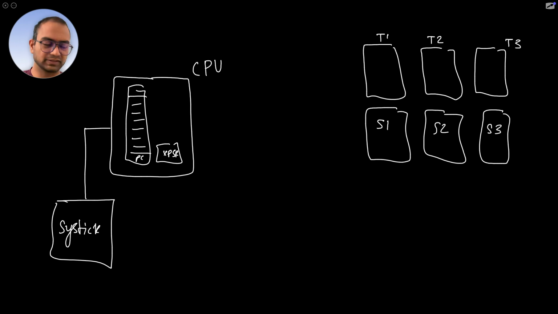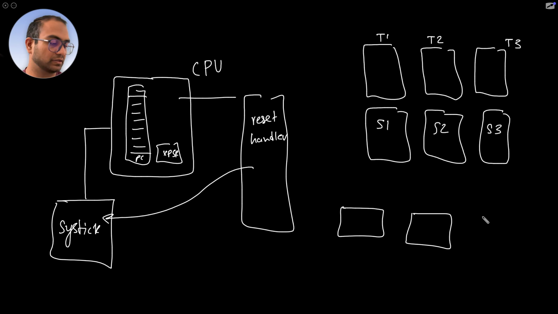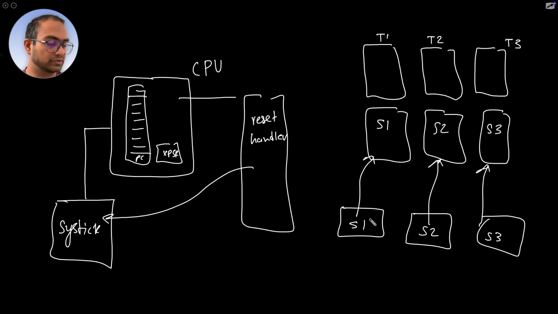We start off in the reset handler, and as part of it we program the SysTick. We will also have a global variable that remembers where S1, S2, and S3 are. Let me put a star, which means the current free location in these stack areas.